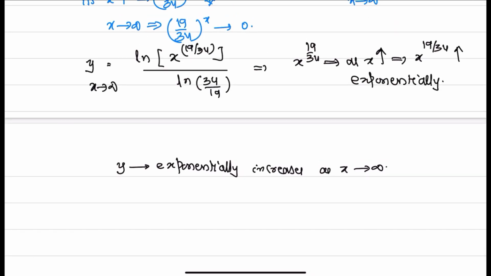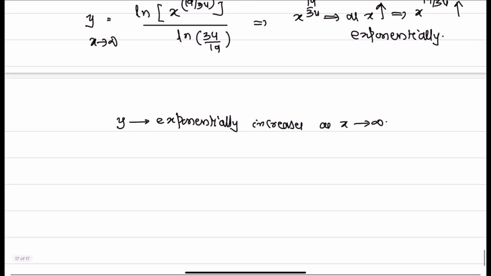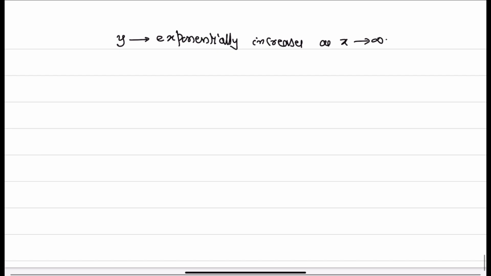Logarithmically it increases because ln is there. For x increases, y increases logarithmically. Let us use the correct word.